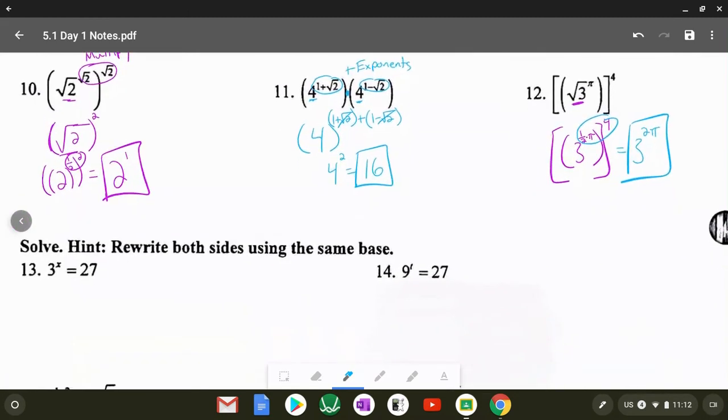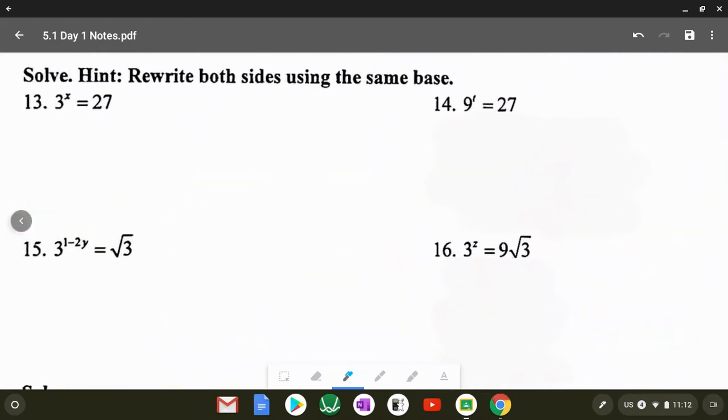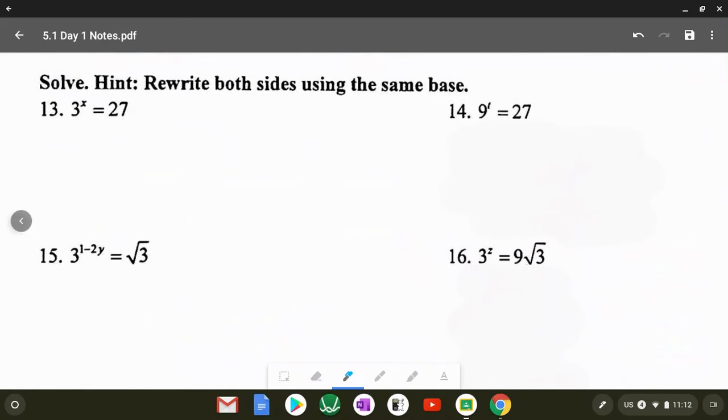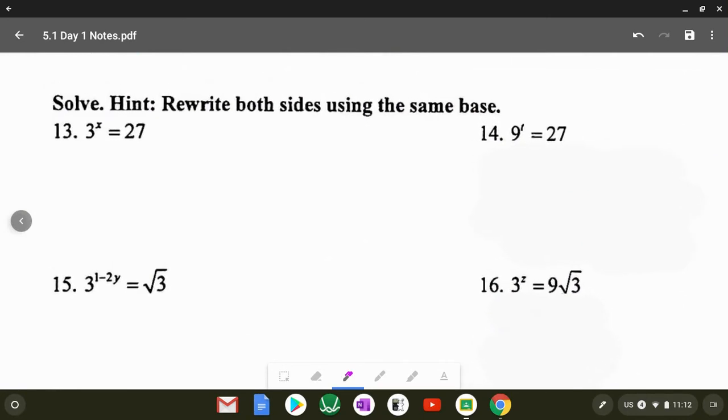We're going to go ahead and use those to solve some exponential equations. We also did this back in Algebra 2. If two sides of an equation can be rewritten with the same base, it'll make it a lot easier to solve.